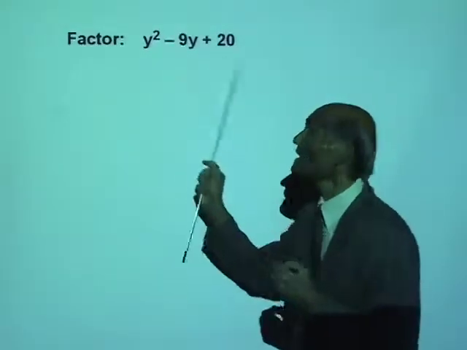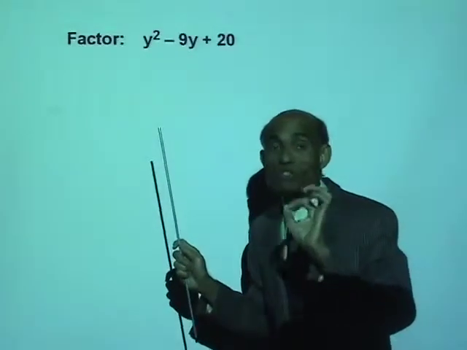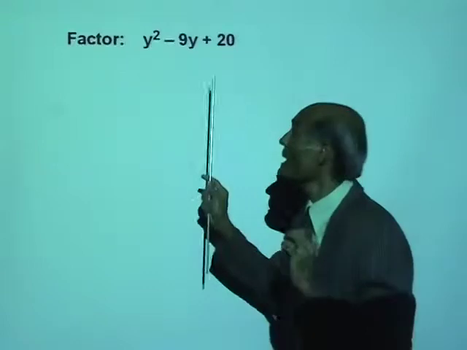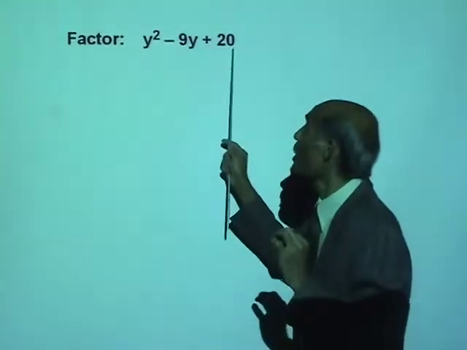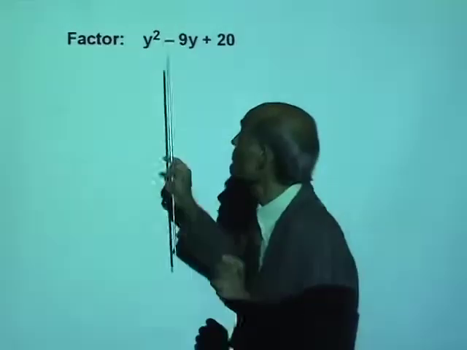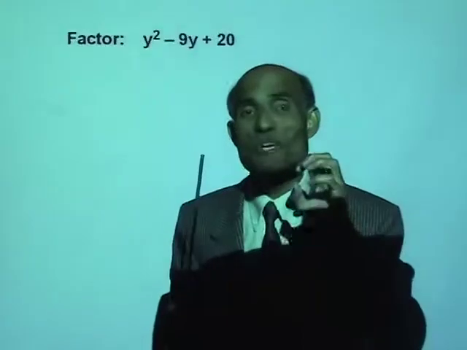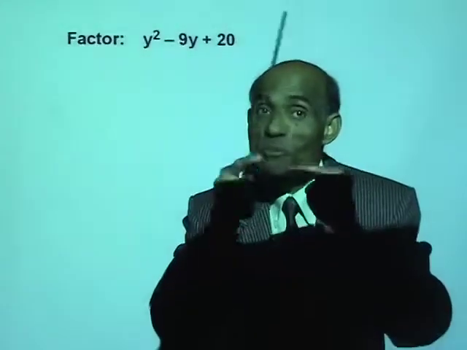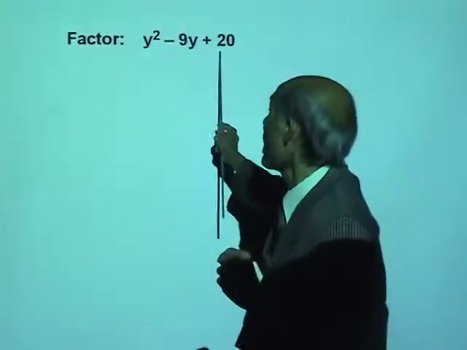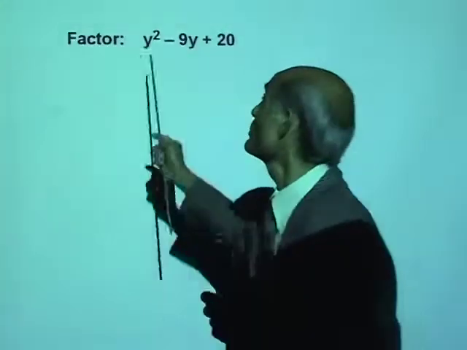Now, in here, you simply ask this question: what two numbers will multiply to give you positive 20 and add to give you negative 9? Can you find two numbers when multiplied will give you positive 20 and when added give you negative 9?